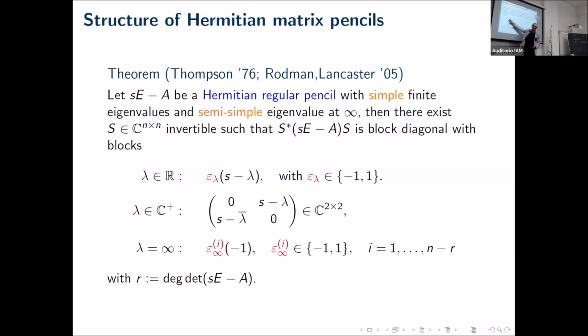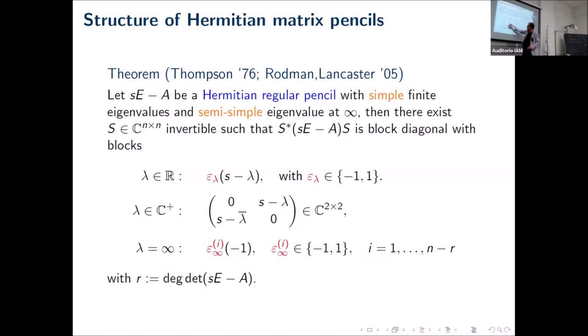Because I assume simple, it is only a 1 times 1 block. Then, this comes from the pencil theory, we have some signum in front, and this signum is very important. This signum is expressed by -1 and 1, so it has either this form or times -1.